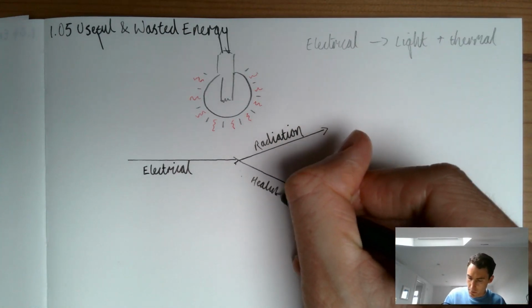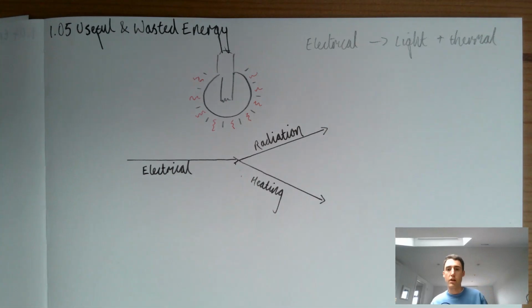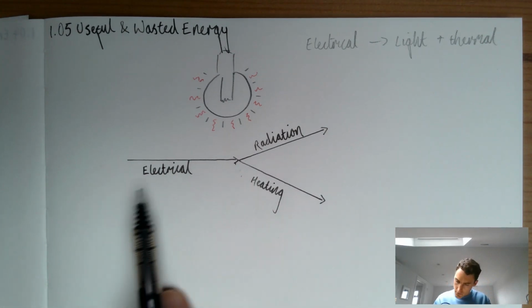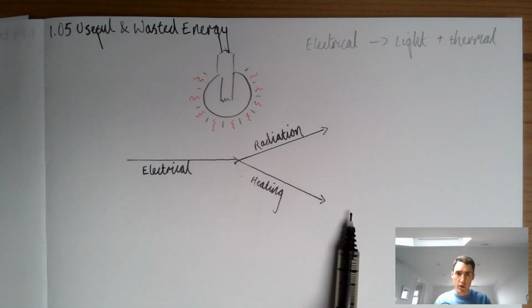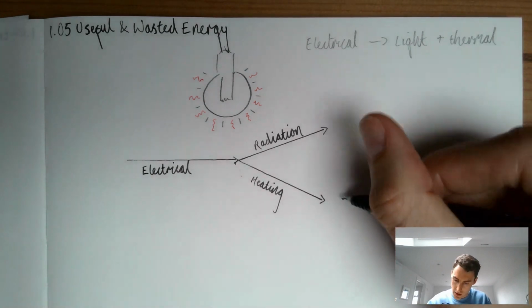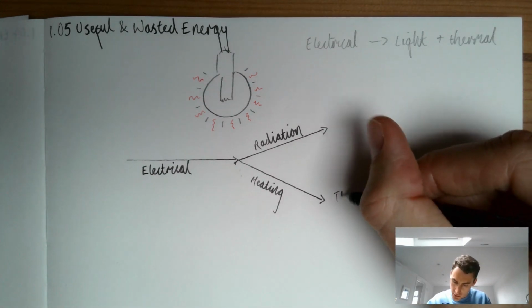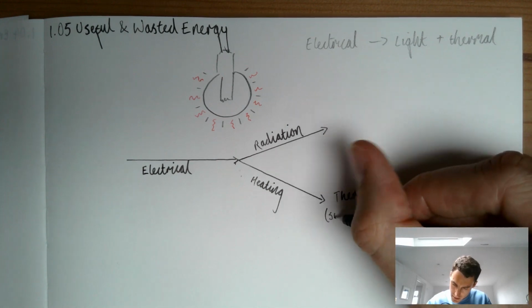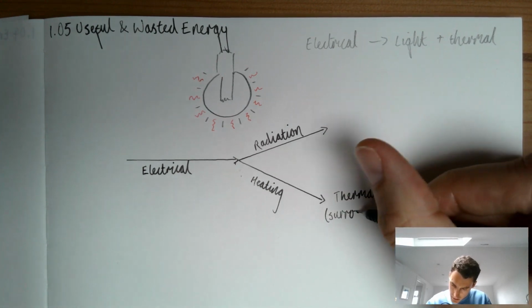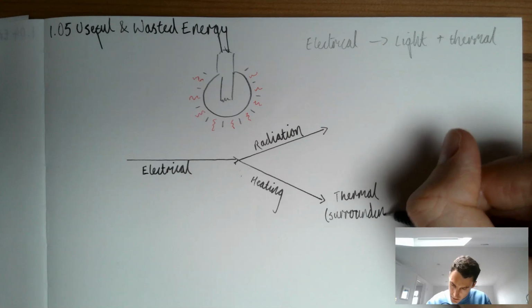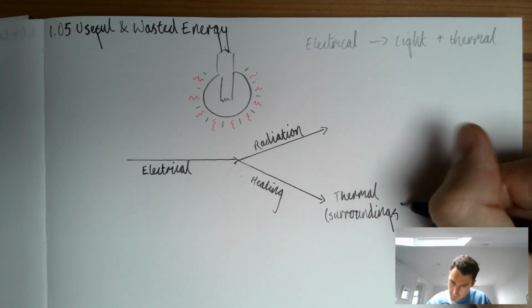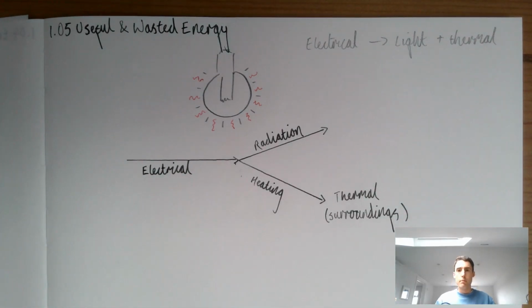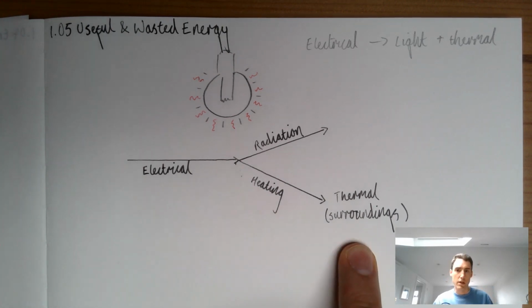And really we should put, and I think I forgot to put this in the last video, that through this wasted transfer, the thermal energy store of the surroundings increases. But to be honest, I tend to just say energy is wasted by heating the surroundings.